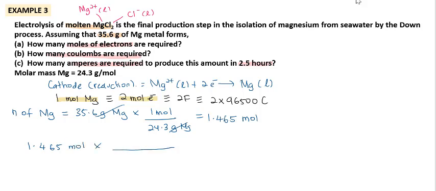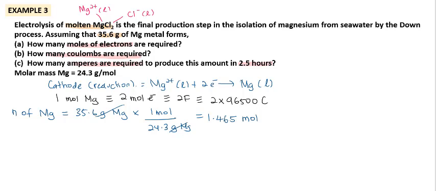We have 1 mole of magnesium here, we don't need the mole of magnesium, we need the moles of electrons. So put the 2 moles of electrons at the top and 1 mole of magnesium at the bottom. So we will get the moles of electrons used in this electrolysis is 2.93 moles of electrons.